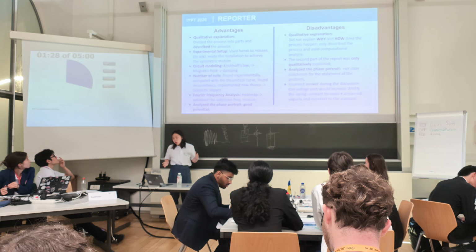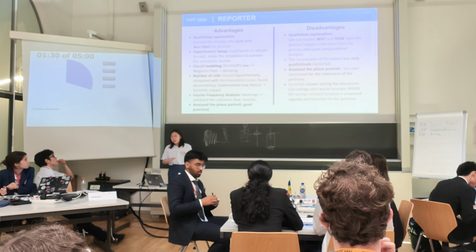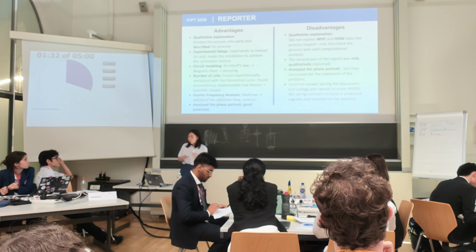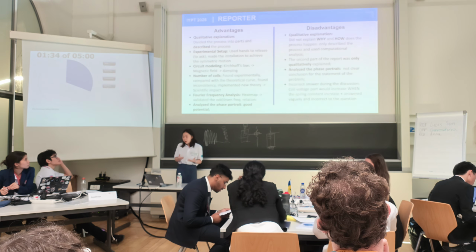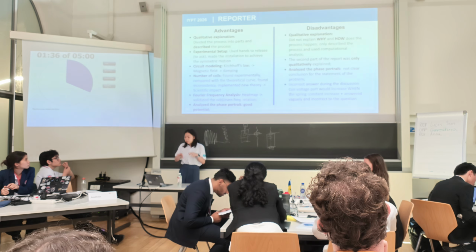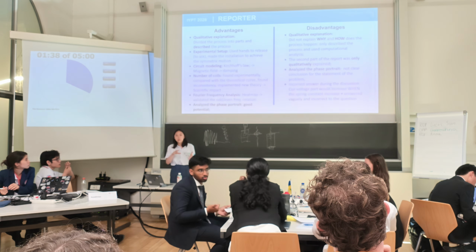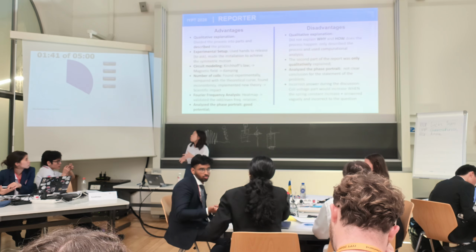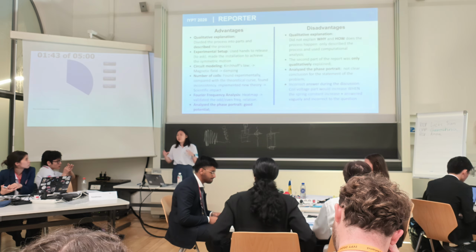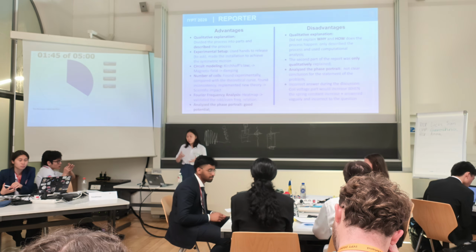What are the disadvantages? For the qualitative explanation, they did not clearly explain why and how the process happens. They only described the process and used computational analysis. So we would suggest expanding the qualitative explanation a little bit more.